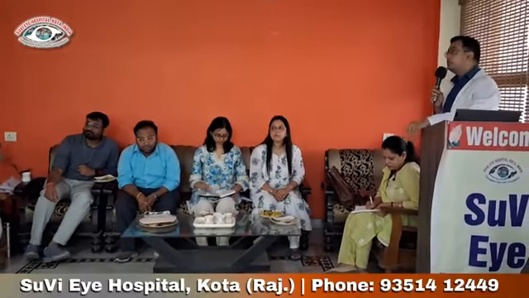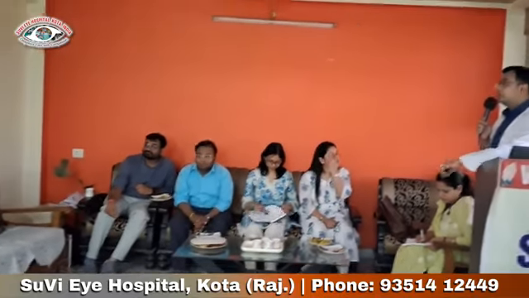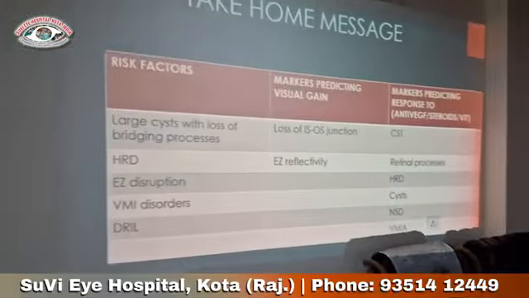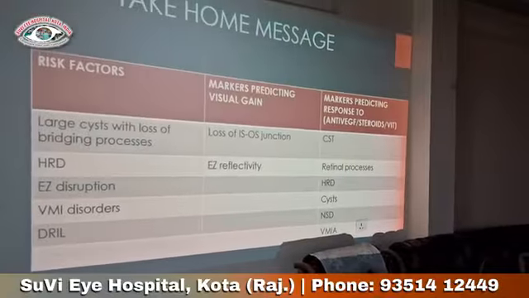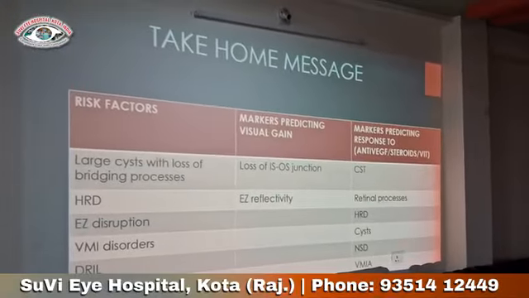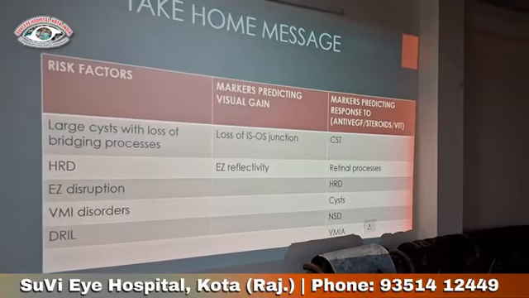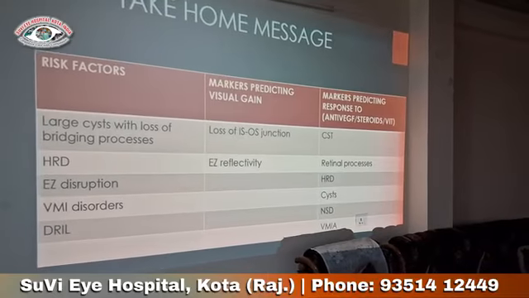So all said and done, these were the biomarkers, and diabetic macular edema is the most common but most difficult to treat. Sometimes diabetic macular edema becomes recalcitrant, and the vision goes to a level of, say, 6 by 12, 6 by 9.